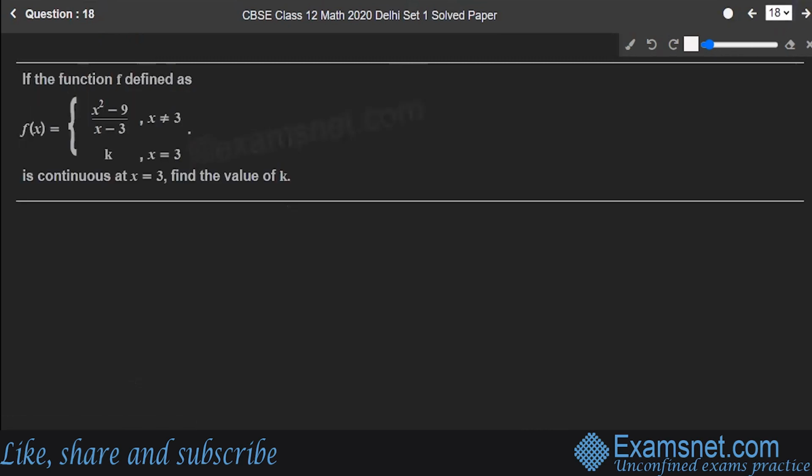If the function f is defined as f(x) is equal to this when x is not equal to 3, and this is equal to k when x is equal to 3, and it is continuous at x is equal to 3, then you have to find out the value of k. See, you're given this function is continuous at x is equal to 3.